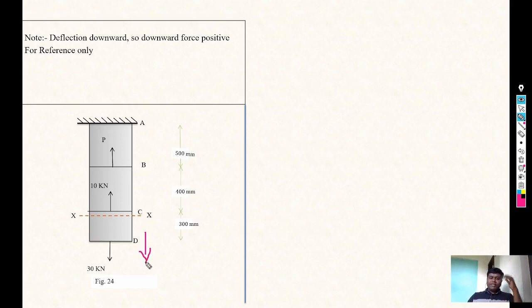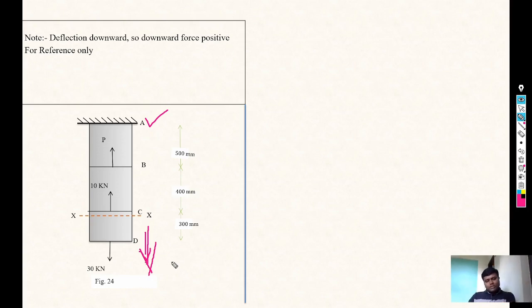The condition given over here is that deflection is not there, meaning change in length is 0. But if any elongation occurs in that rod, it will be downward, because the top point is fixed, so the movement at the top is 0. So it may deflect downward, that's why we are considering downward deflection as positive, meaning downward force is positive.